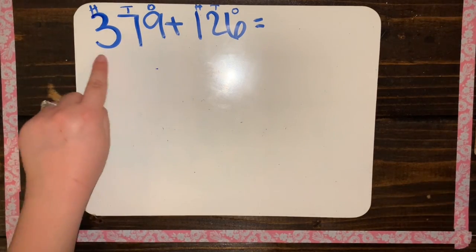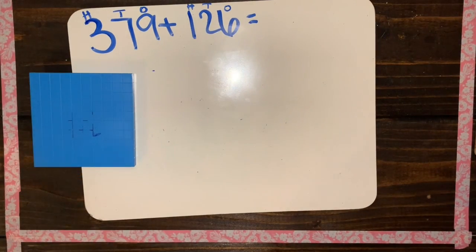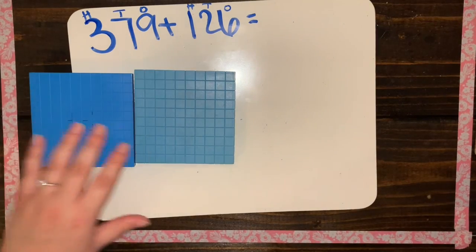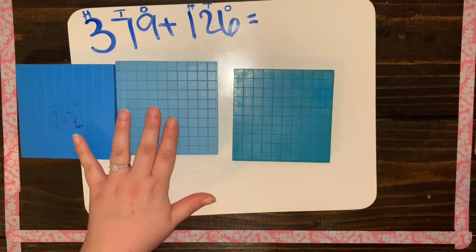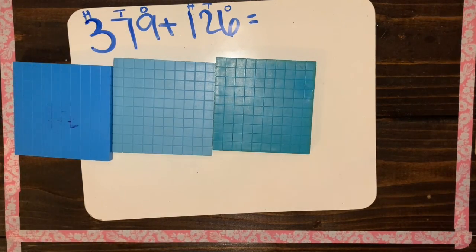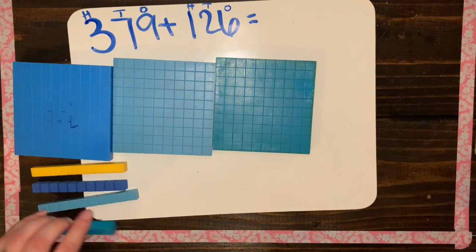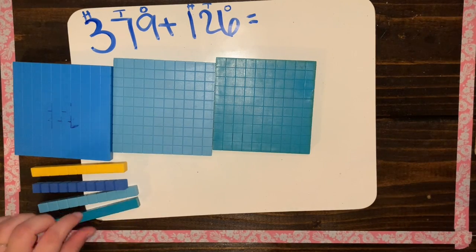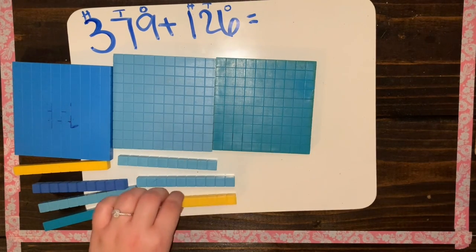I need 3 hundreds, so 1, 2, and 3. I need 7 tens, 1, 2, 3, 4, 5, 6, 7.